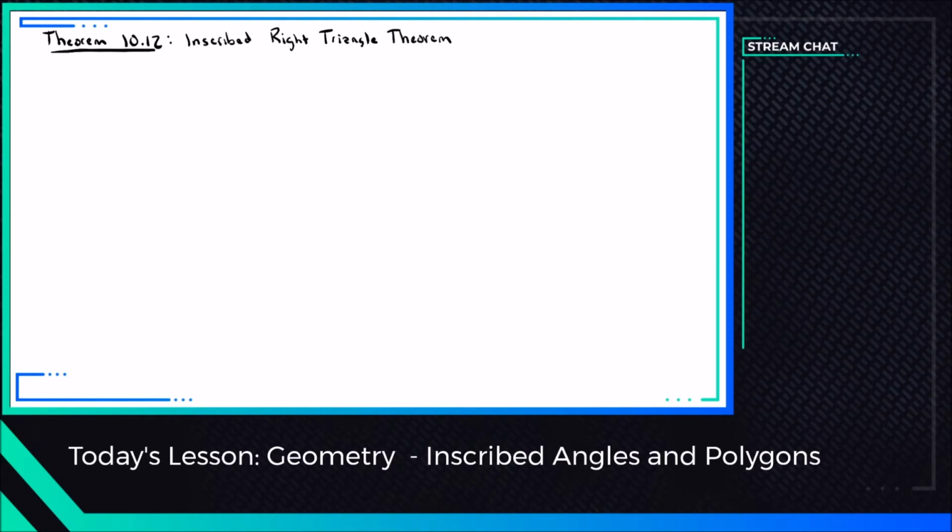And if we draw a circle and then inscribe within this circle a right triangle, in order for this triangle to be a right triangle, the hypotenuse of the right triangle has to go through the center of the circle.